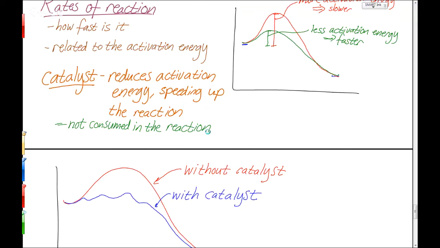So usually you only need a tiny bit of catalyst because it regenerates in the course of the reaction. So it helps some things react, then it's by itself again, helps some more things react, helps some more things react. So you usually don't need as much of it. That's not always true, but you usually don't need as much of it because it is regenerated.